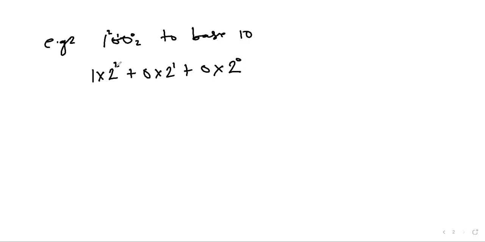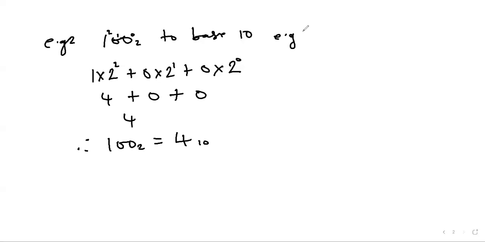So this will be 2 raised to the power 2 is 4 times 1 is 4, plus 0 times 2, 0. 0 times 2 is 0. So the final answer is 4. So therefore, 100 base 2 is equivalent to what? 4 base 10.